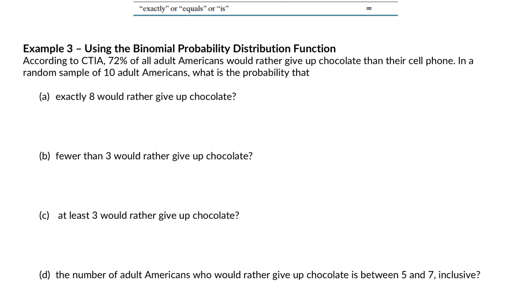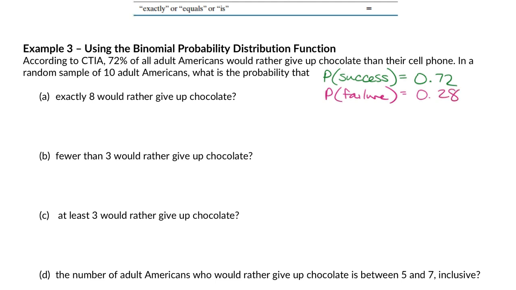Before we go into that, let's do our probability of success and failure. The probability of success, meaning you found somebody who would rather give up their chocolate than their cell phone, is 0.72, which means the probability of failure would be 0.28.